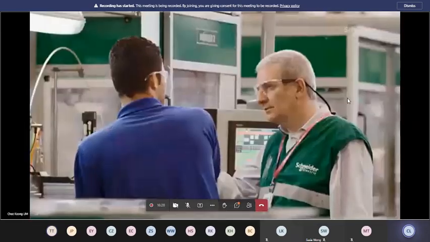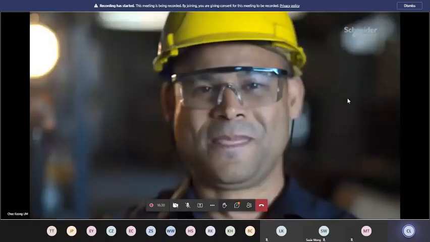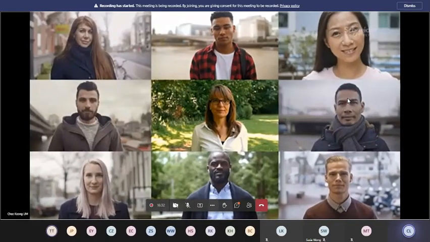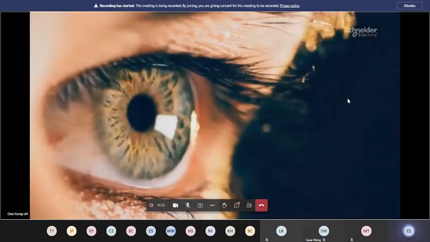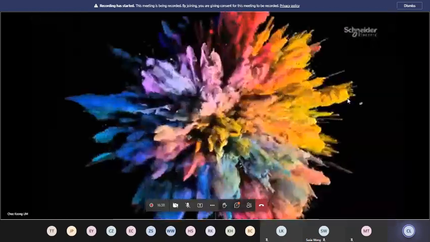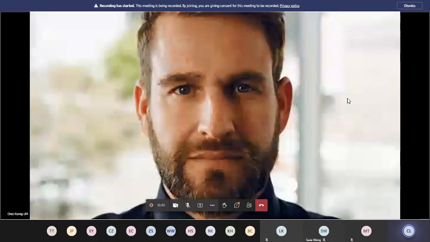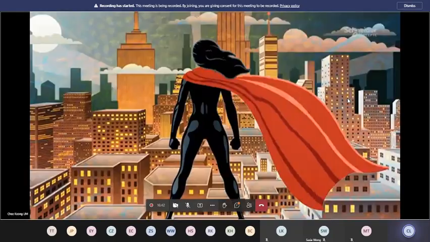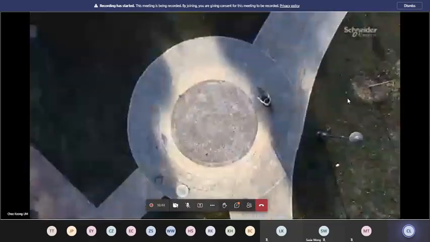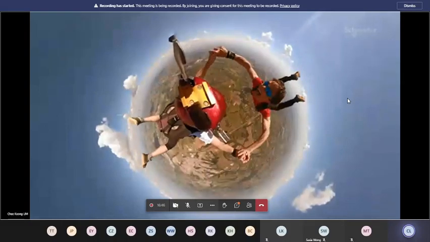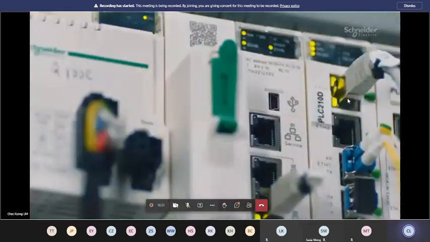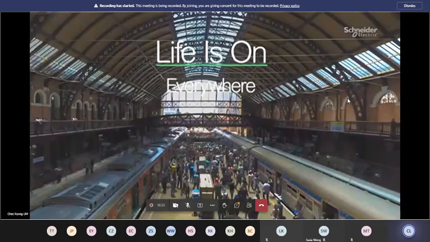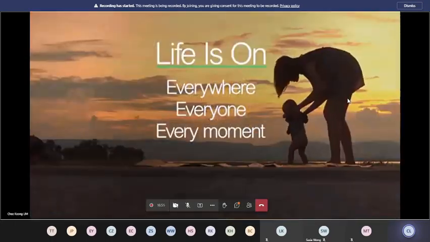We're real people, employees, developers, partners, investors, and all passionate about doing what's right. We're open. Humans of all sorts from all over, learning from each other and about each other. We're not here to save the world. It'll go on with or without us. We're here to help power and connect what you do every day, to ensure life is on everywhere, for everyone at every moment.